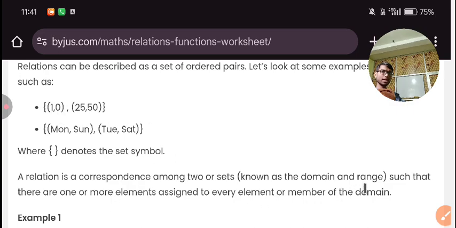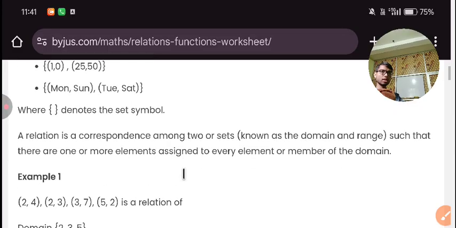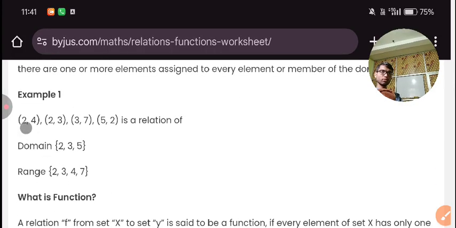Now the domain and range. This side would be the domain and this side would be the range, such that there are one or more elements assigned to every element or member of the domain. Example, we have (2, 4), (2, 3), (3, 7), (5, 2).